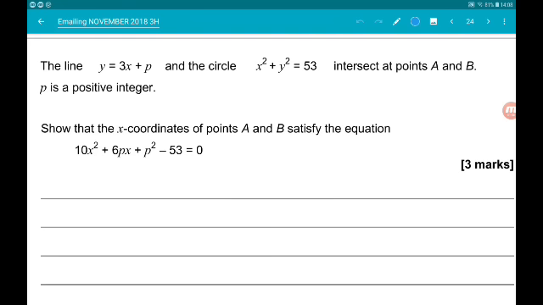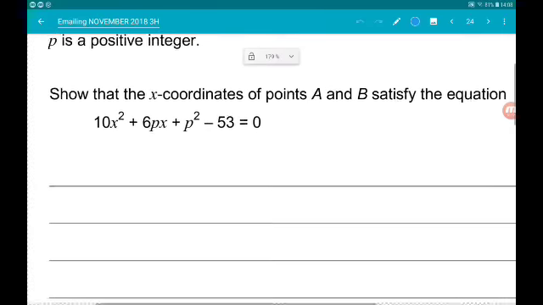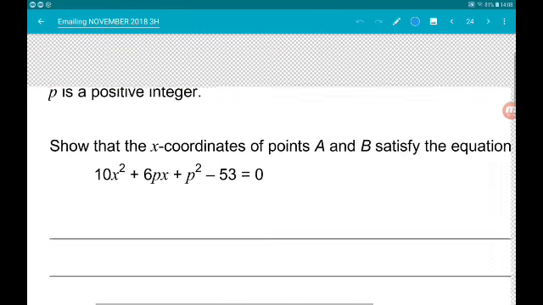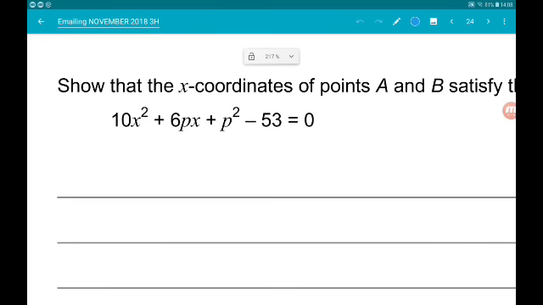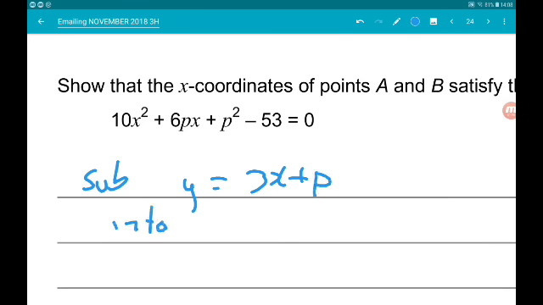Okay, so at points where lines and circles meet, the equations are simultaneous. So we are going to use substitution because we know that y is 3x add p, into x squared add y squared is equal to 53.